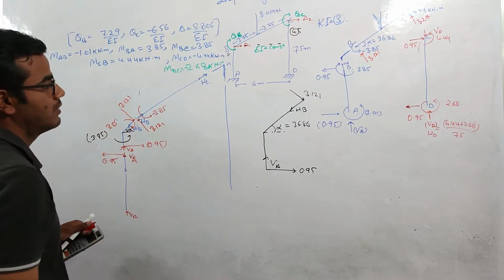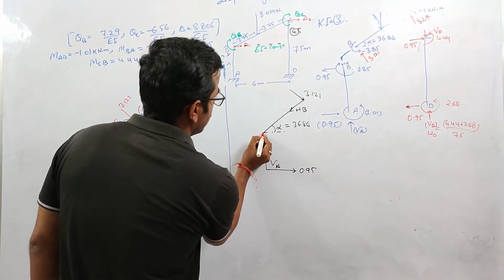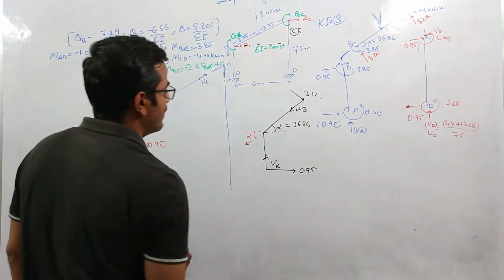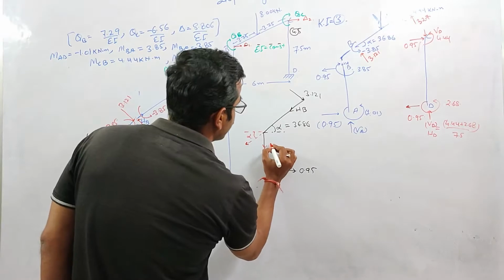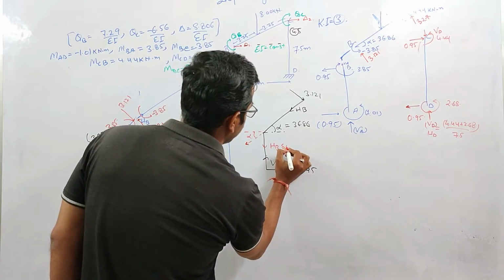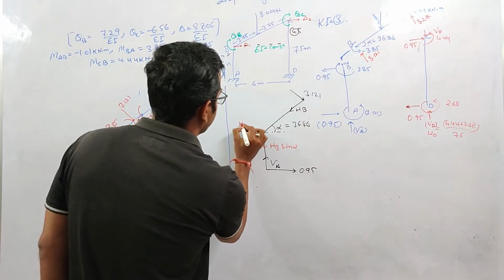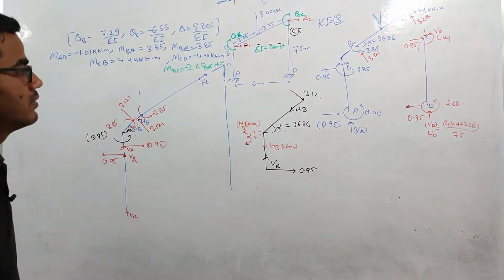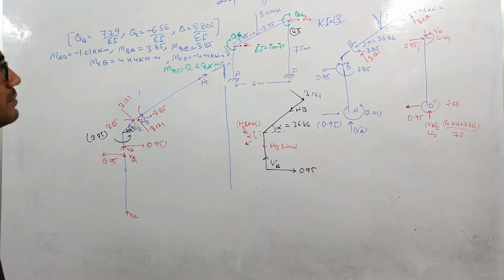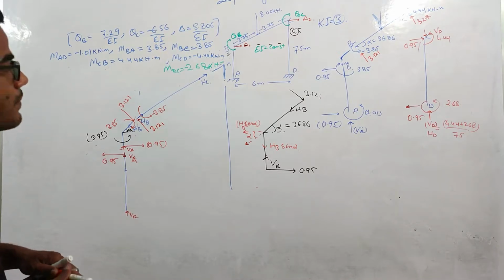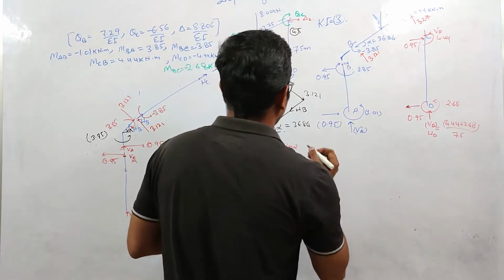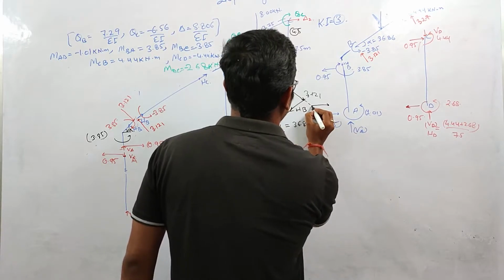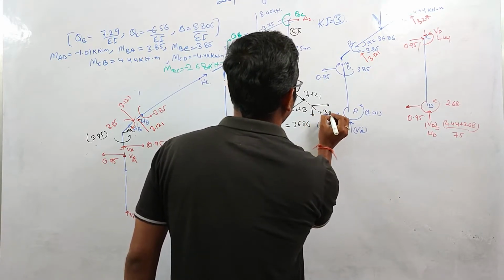The components of HB, if this is again alpha, a vertically opposite angle, there will be one component HB sine alpha, and here one component HB cos alpha, right? And here also this is 3.121.